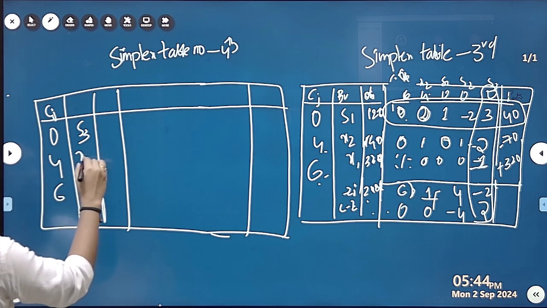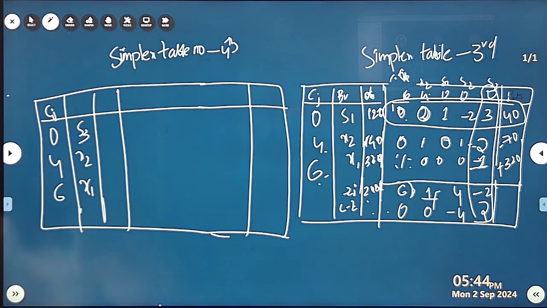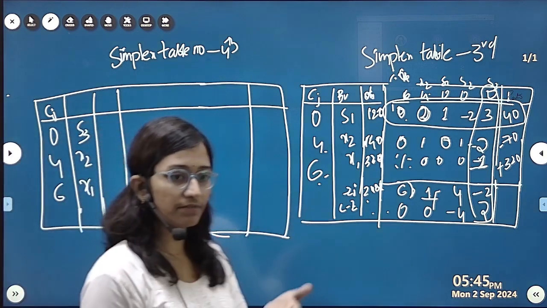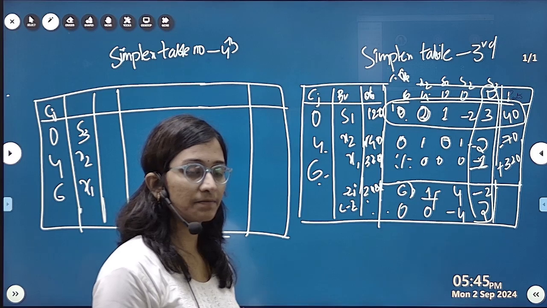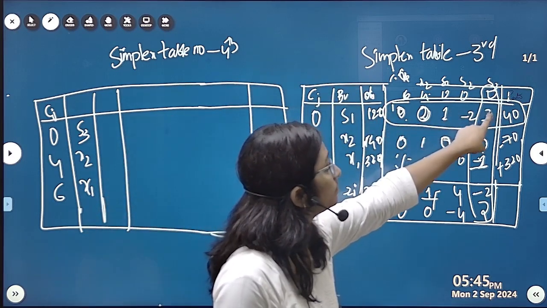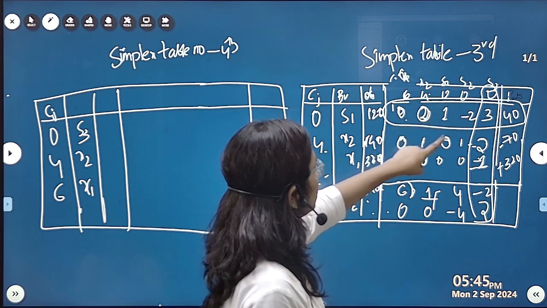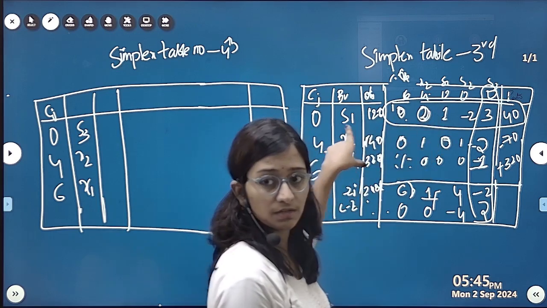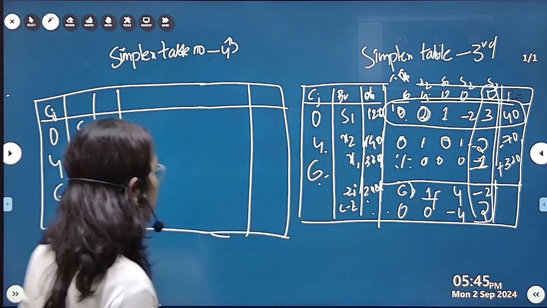Here the same, you will have the same numbers. Why S3? I have written you the points, look at that. Because what is the key column? Key column is S3, and the key row is S1. Here S1 and S3, right? So that's why.